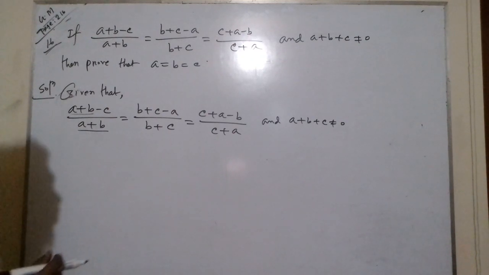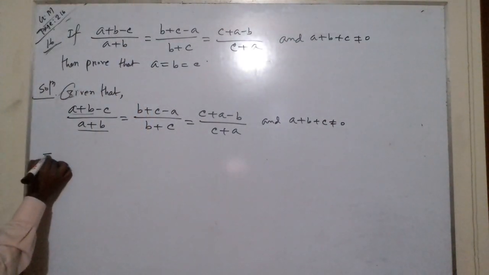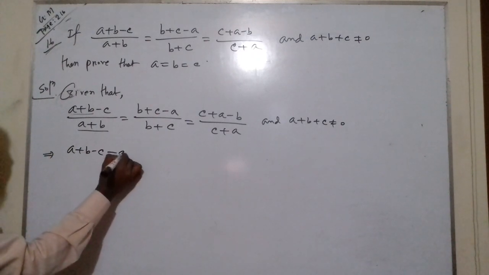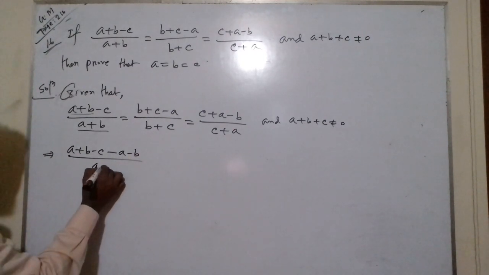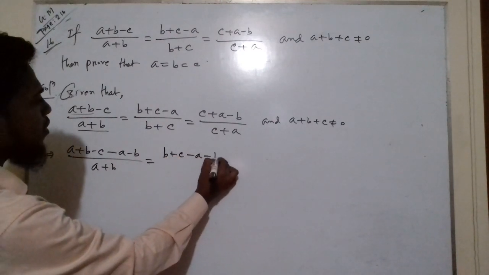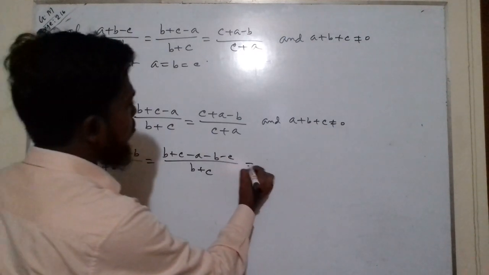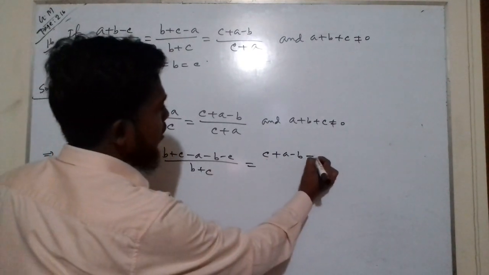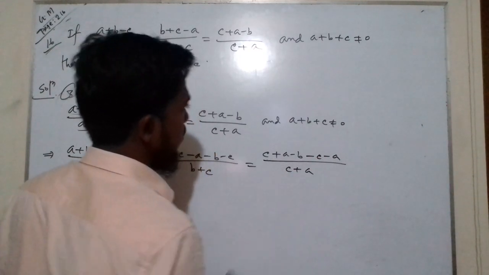So if we apply the formula of dividendo, then we can write a plus b minus c minus a minus b, using the formula of dividendo, divided by a plus b equal to b plus c minus a minus b minus c, divided by b plus c equal to c plus a minus b minus c minus a divided by c plus a.